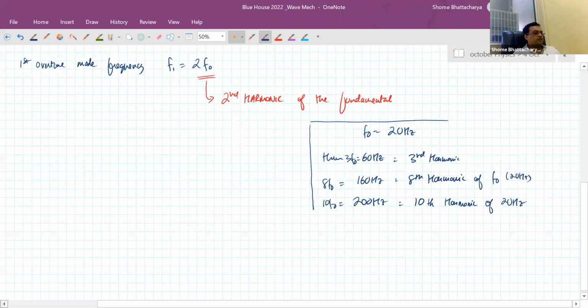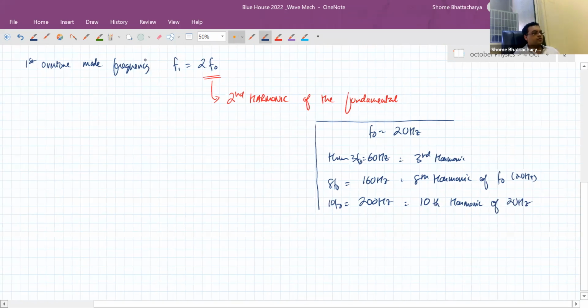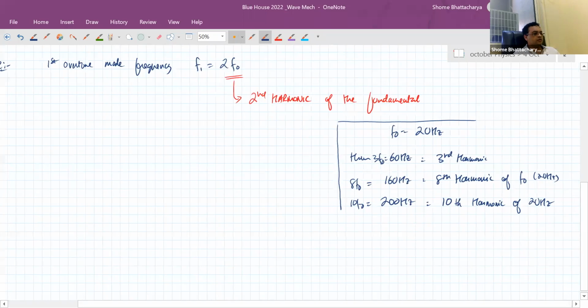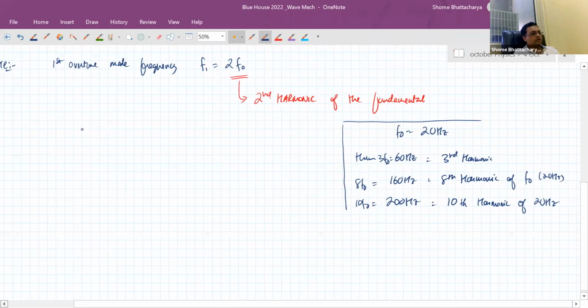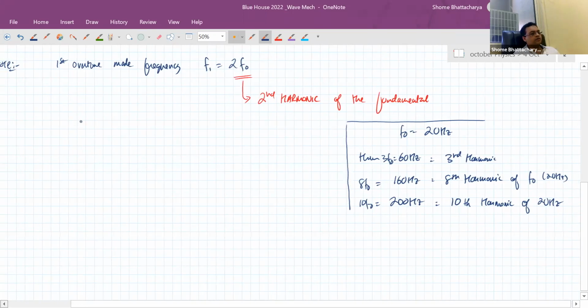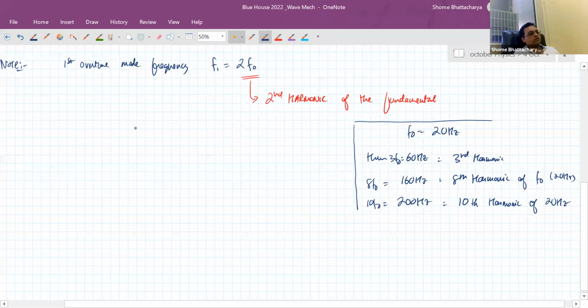So in this case, the first overtone mode becomes the second harmonic. The second overtone mode, F2, is the third harmonic. The third overtone, F3, is the fourth harmonic, and so on and so forth.